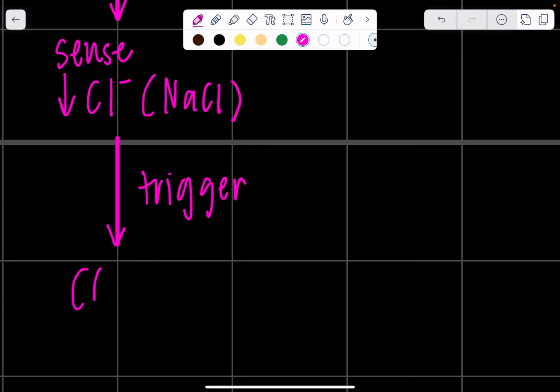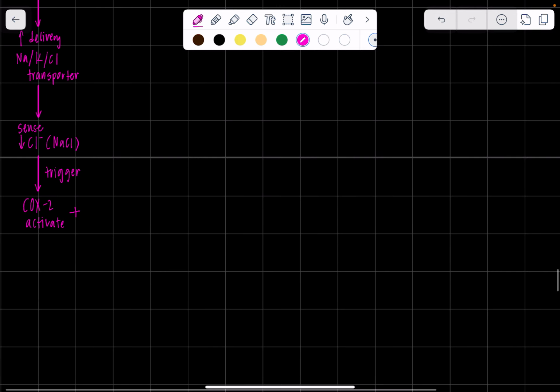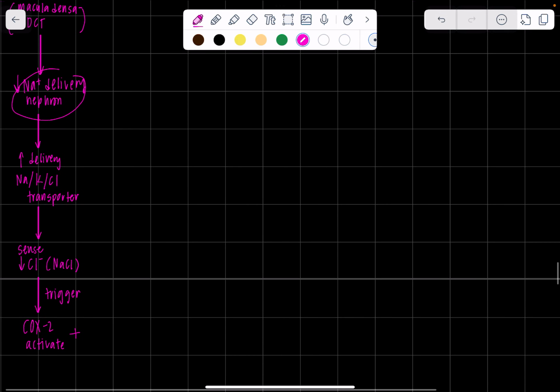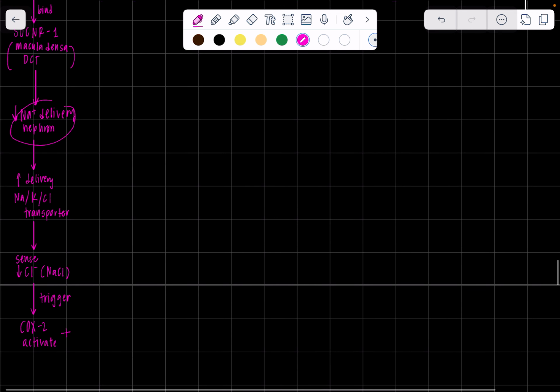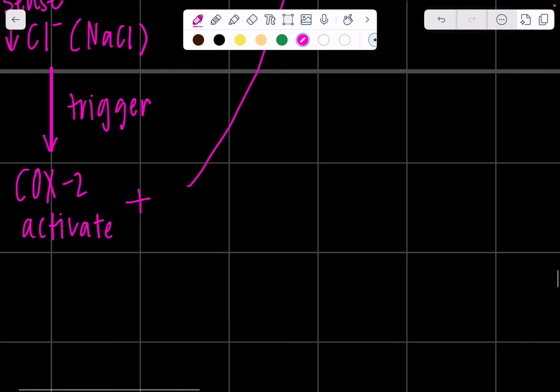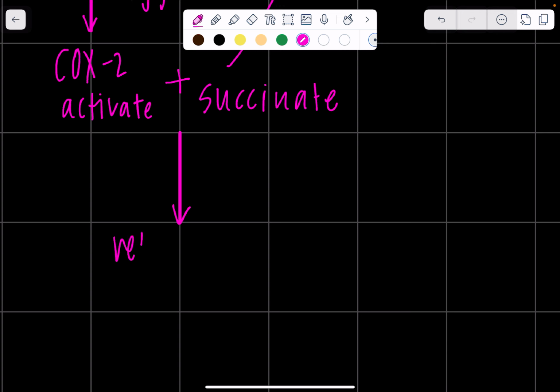So it'll sense the low chloride, and it will trigger activation of COX-2, okay? So COX-2 activates and is then going to bind to our succinate, okay? And this binding is what is going to cause a release of prostaglandins.